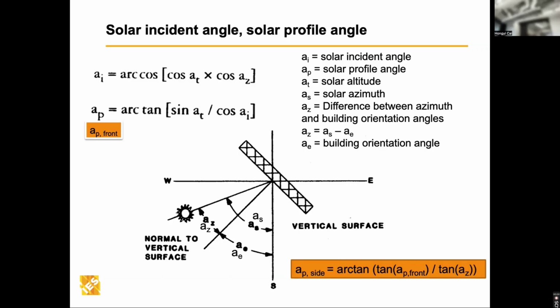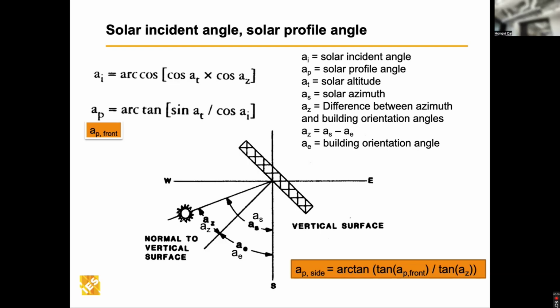Maybe I should explain what the difference is. The axis angle, you guys remember, is the sun position projected on the ground and the angular distance to the true south. So in this case, this will be alpha S, that's the axis angle. Make sense? And in this case, this is the west in the afternoon, so the axis angle should be calculated as positive.